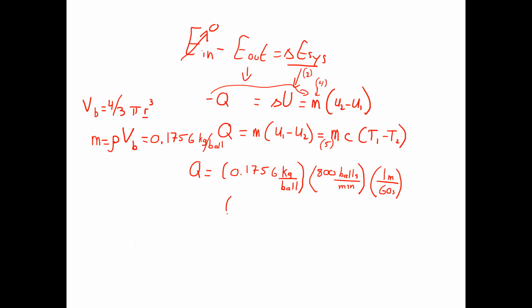That is all multiplied by the specific heat, which is given in the problem statement as 0.480 kilojoules per kilogram Kelvin. Kilojoules per kilogram Celsius or kilogram Kelvin, it's the same thing. Multiplied by the difference in temperature, which would be 900 C coming out of the oven and 850 C before it gets quenched.